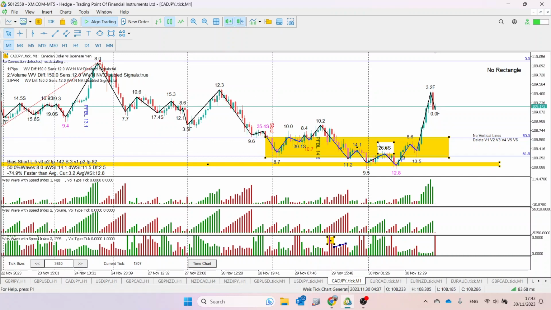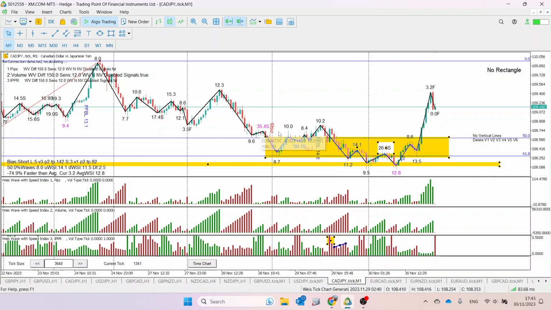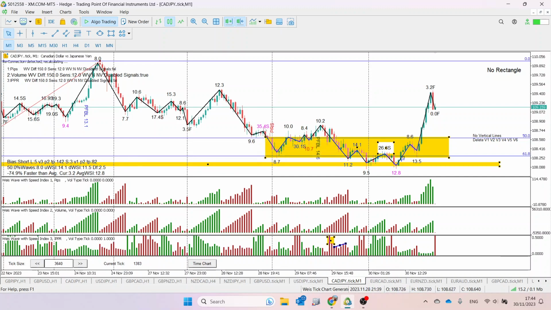Now if we look at the recent up waves, we will not see any 26.6 except this 35, which was hard to move up, and we dropped until we hit the fib. Or it could have been that the first buying started here, when we hit the 50 fib. So this is an abnormal speed index.